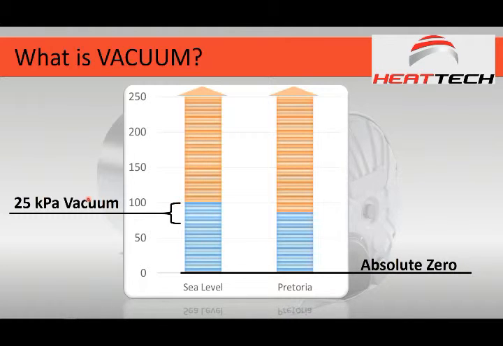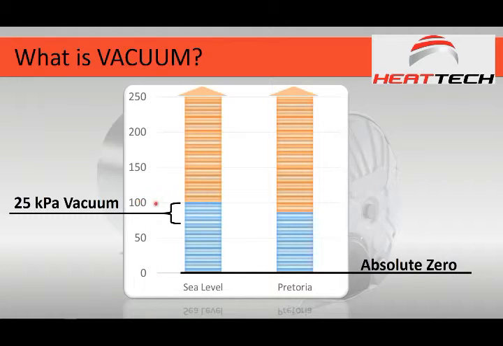So look at the example on the left-hand side. At coastal level, where the ambient pressure is 100 kPa, if you go 25 kPa below that, you have a vacuum of 25 kilopascals. This is where you refer to gauge pressure. You might have heard people referring to gauge pressure versus absolute pressure.